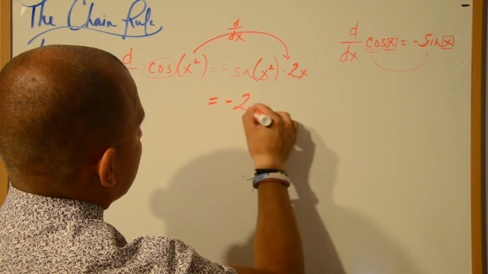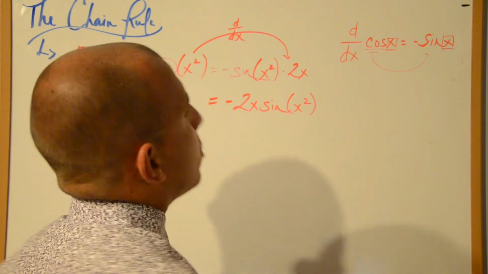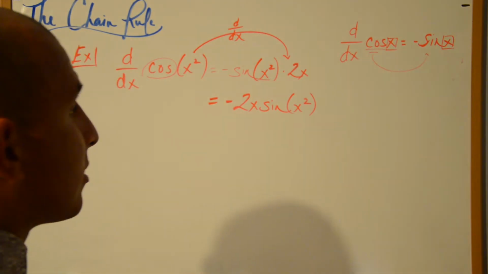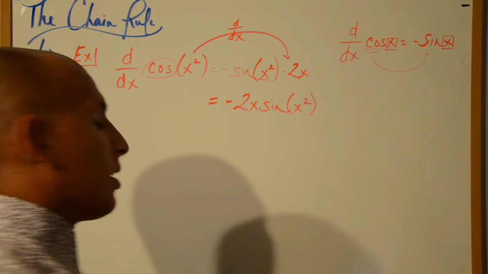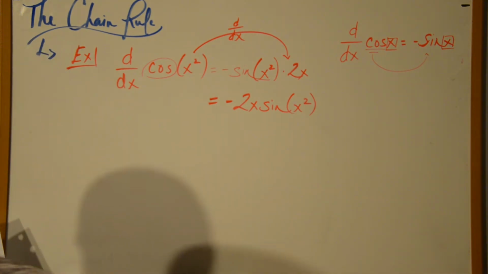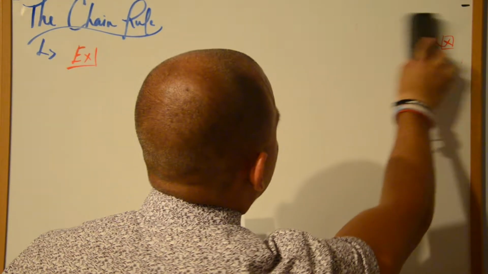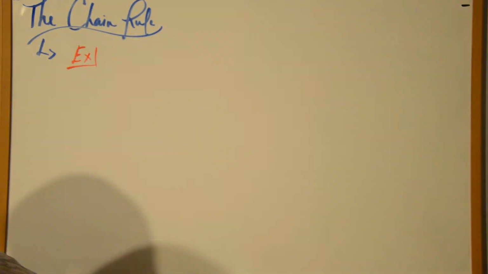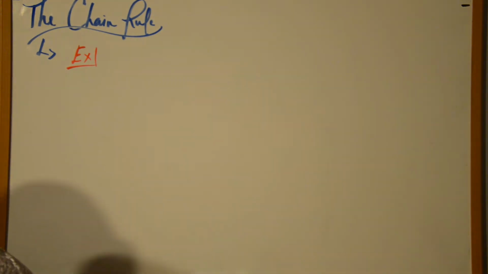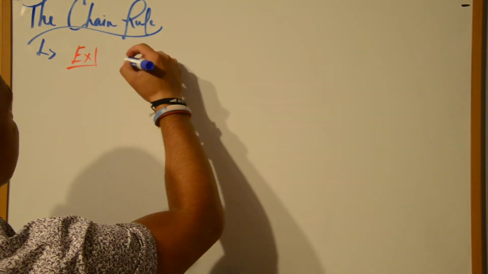If you wanted to be thorough, we could have done a rewrite as such. Okay? So once again, as I've said in numerous other videos, derivatives are an extremely rote procedural task. The chain rule can be a little unfamiliar, but as soon as you get into the habit of identifying outer and inner functions, it becomes routine.